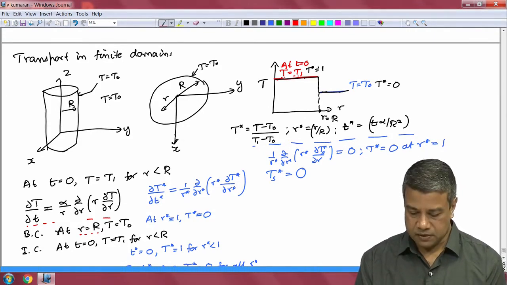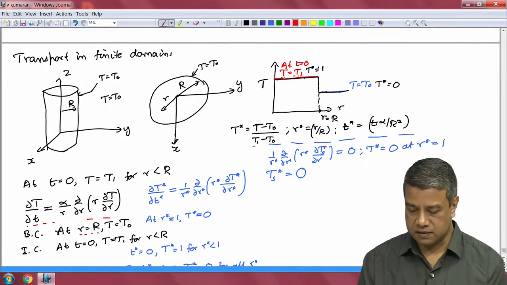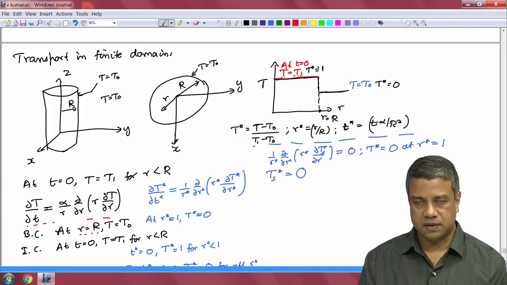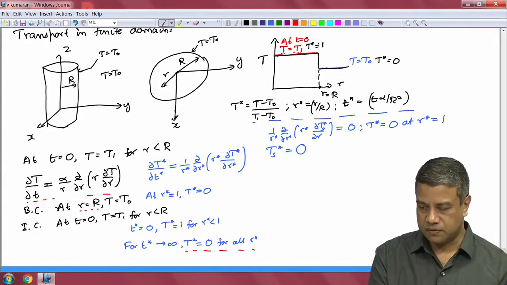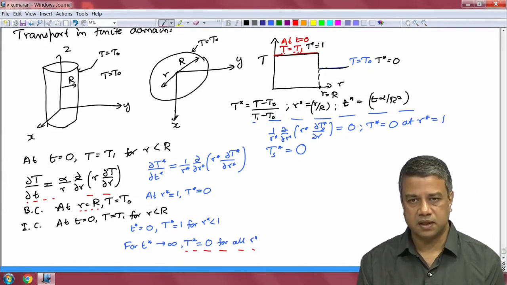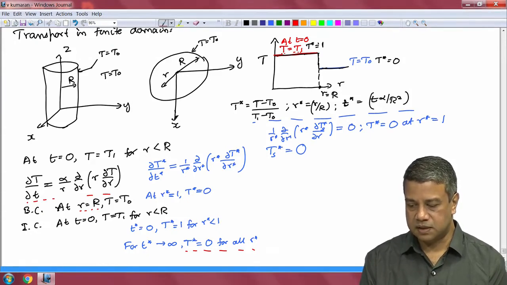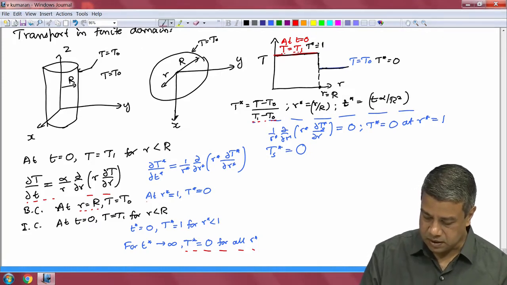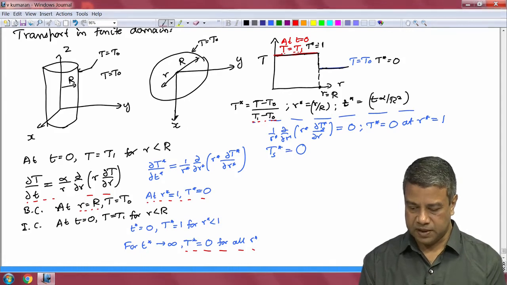At time t equal to 0, the temperature is T1, the initial temperature of the cylinder, everywhere within the cylinder for r less than R. And we had to find out the temperature profile with these boundary and initial conditions. We had scaled the temperature as T minus T0 by T1 minus T0, so that at r equal to 1, the scaled temperature is equal to 0.